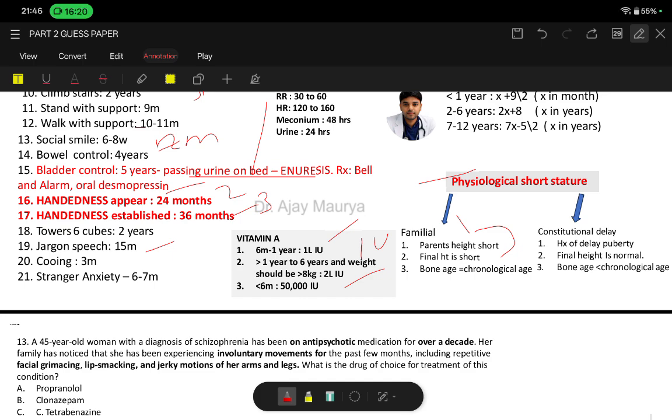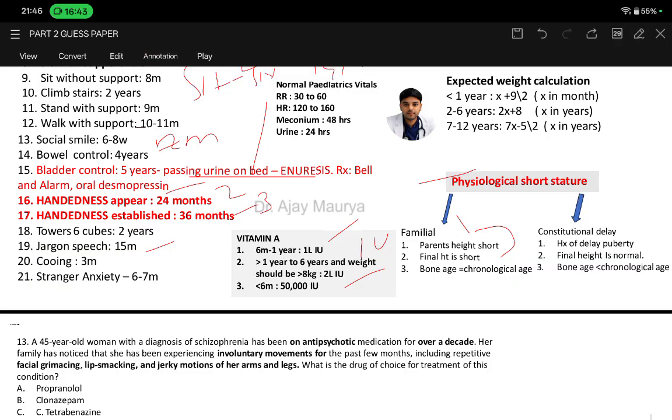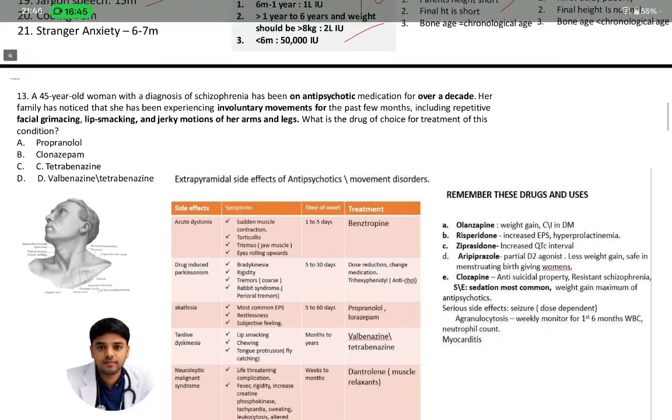Constitutional means height may be delayed during puberty, but when he becomes an adolescent, everything will be normal. Some children at age 10 or 12 may be very small, but in the adolescent period they will become taller. These are the questions they will ask you. I covered it here. Okay, done.